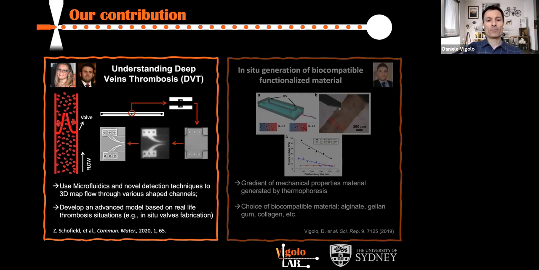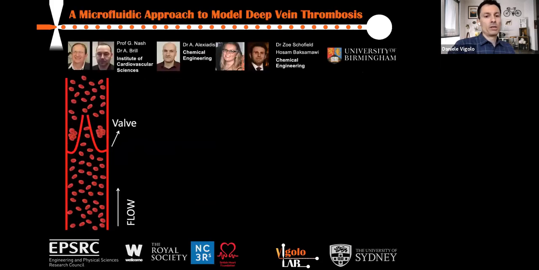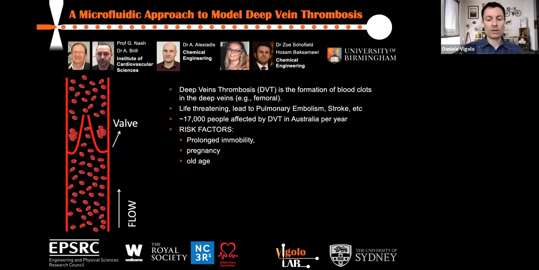So DVT is a very serious disease, and nowadays it's even more relevant considering all the implications that, for example, the COVID vaccine has in public opinion these days. I'm not discussing that today, but this is obviously a hot topic these days.